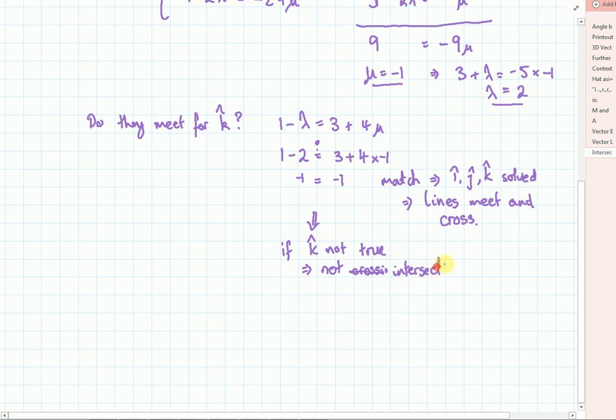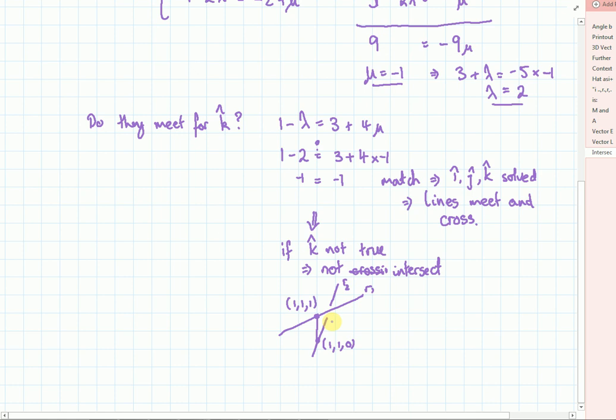What can happen is you can have one vector going R1, another vector going R2, and at some point they've got the same I and J, but the K's don't match. So that's possibly 1, 1, 0, and that could be 1, 1, 1, and therefore they're not actually meeting in space.